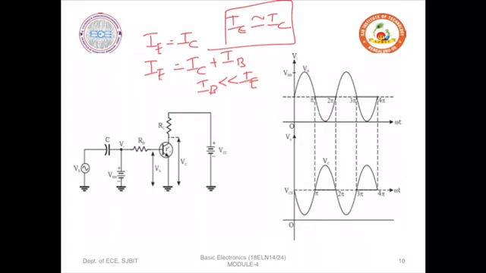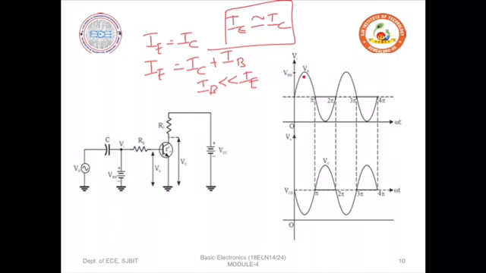Now let us discuss how amplification takes place in the BJT. Let us first consider an AC voltage, represented as Vs. This AC voltage has to be amplified, and as we can see, it is superimposed on the DC bias voltage VBB.